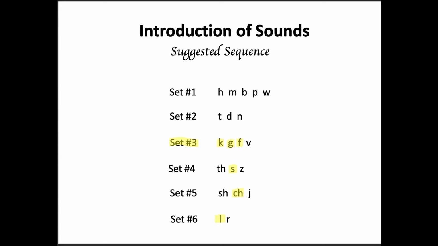You would start with set number 3 on the K sound first. Then you would move to the G sound and then to the F sound. Next, you would move to the S sound in set number 4. Then the CH sound in set number 5, and finally to the L sound in set number 6.